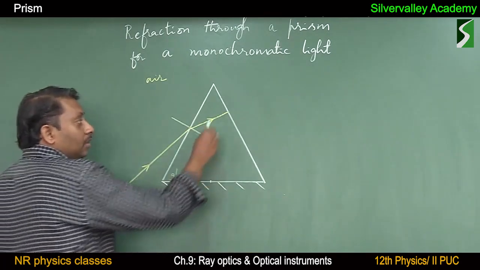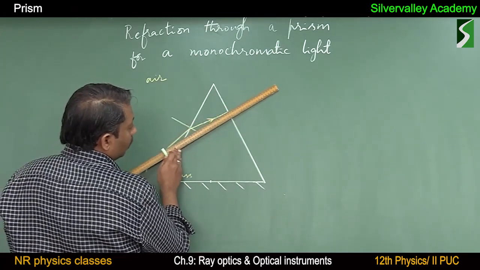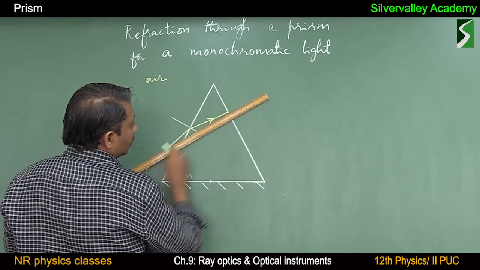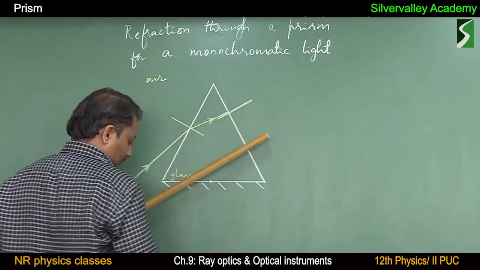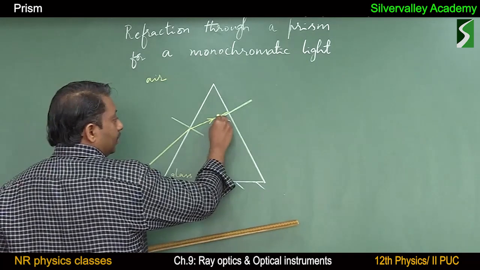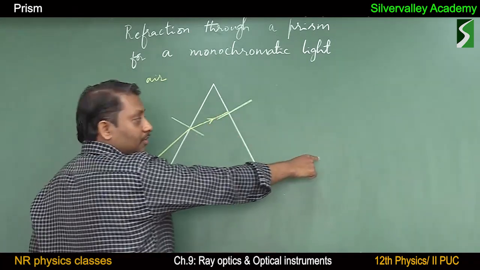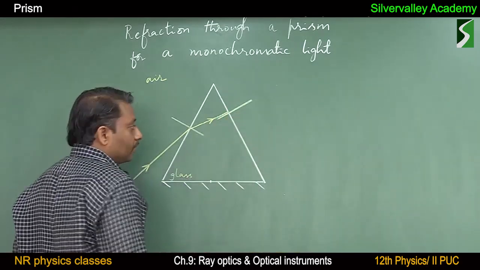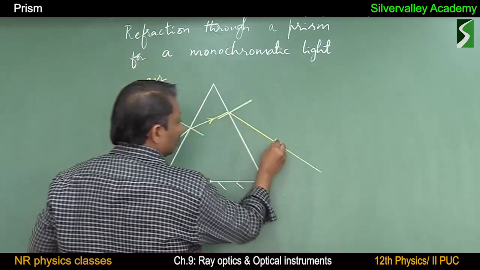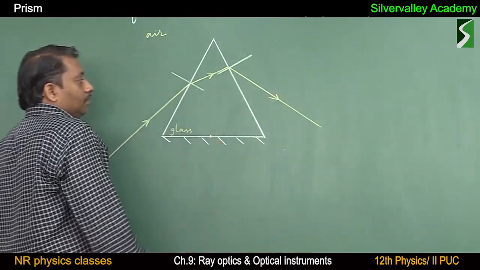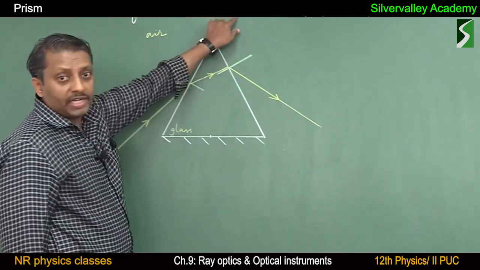Now, to draw emergent ray, again I should draw the normal. So this is the normal drawn at the point of incidence. Now, this light ray is traveling from denser medium to rarer medium. So it should bend away. So this is how refraction through prism takes place for a monochromatic light.